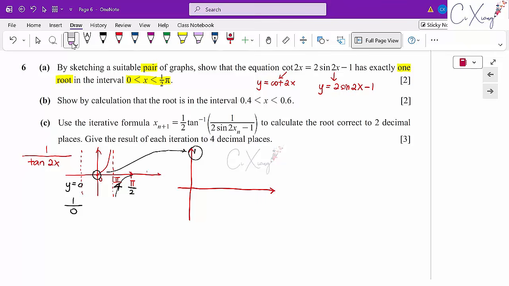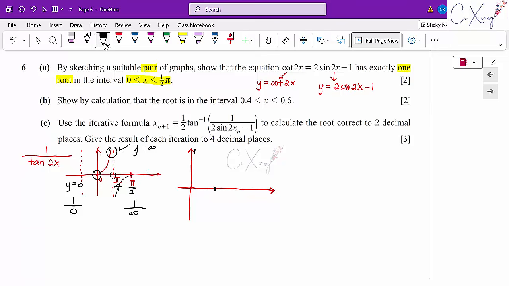Then after that, what about the infinity? Here, your y is equal to infinity. So try to imagine if you take 1 divided by infinity, what do you get? You get a very, very small value, and we assume that it is equal to 0. So that means at pi over 4, it will be your x-intercept.